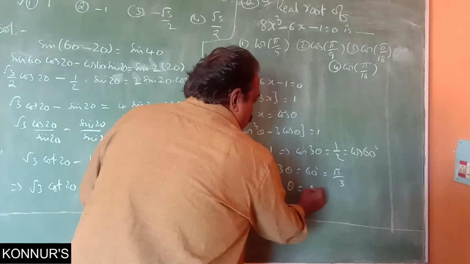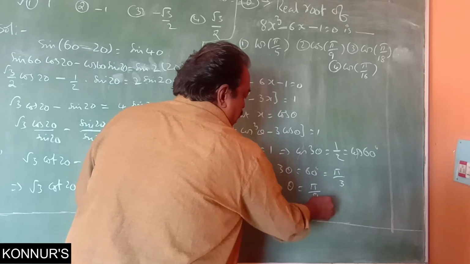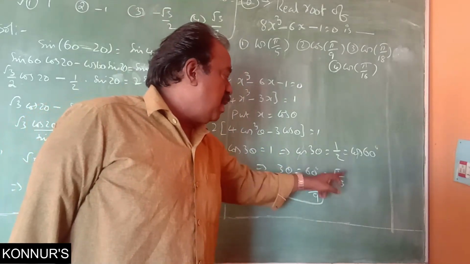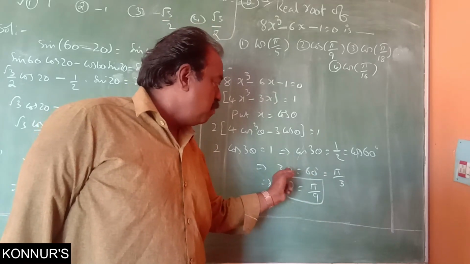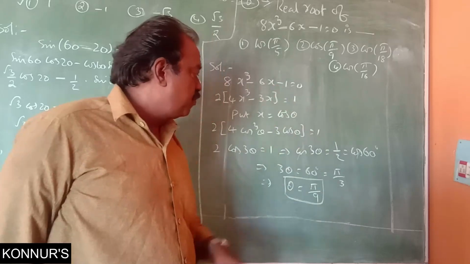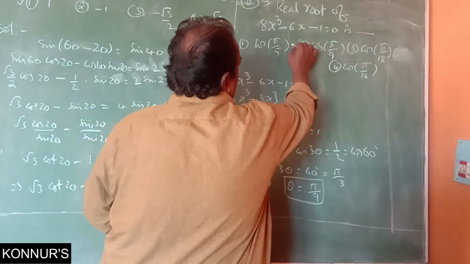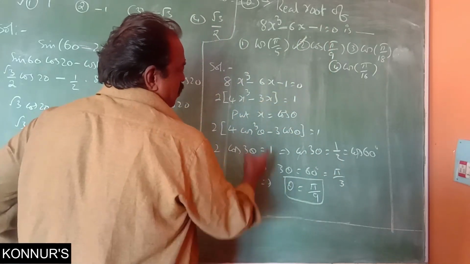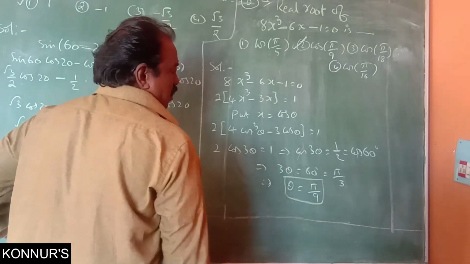Now, theta is equal to pi by 3 by 3, it is pi by 9. 3 theta is pi by 3, so theta is pi by 9. 3 into 3 is 9. So its answer is the second option. So here theta means this one. Take it like that only.